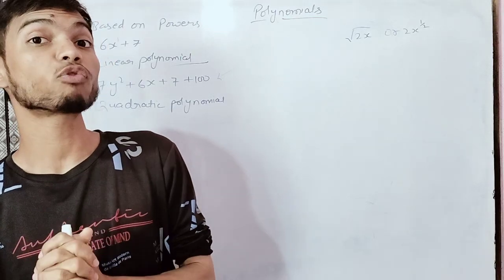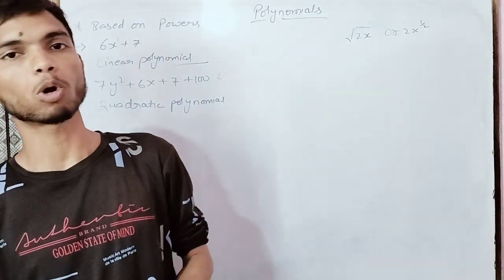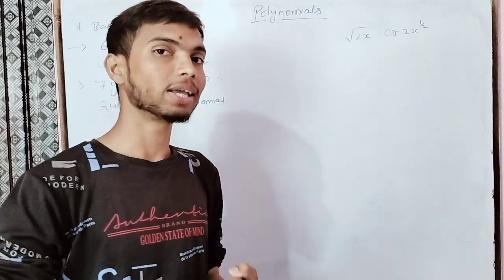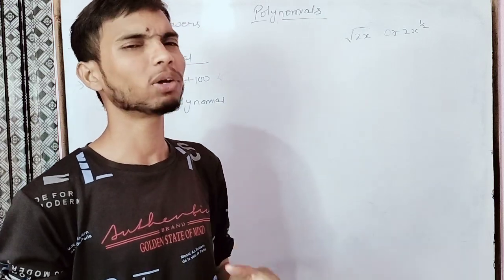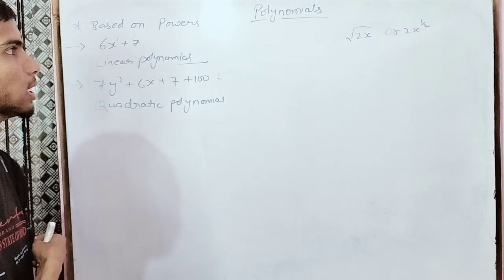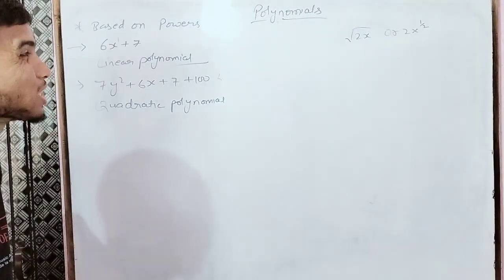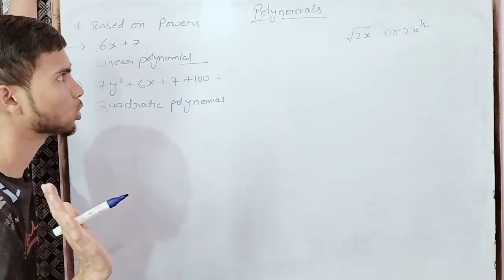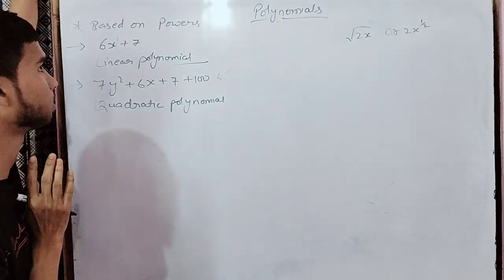If in place of the numerator there is any variable, then that is a valid polynomial. But if in place of the denominator there is any variable, then that given expression is not a polynomial. So this was the point I wanted to explain to you.